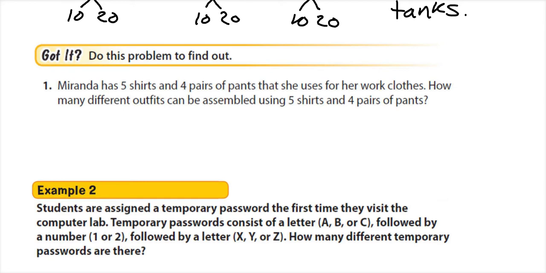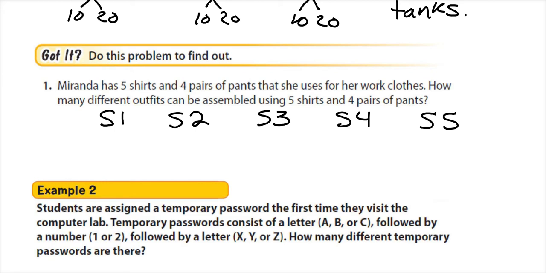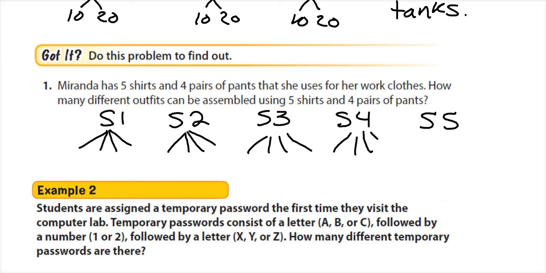Okay, so we're going to call this shirt 1, shirt 2, shirt 3, shirt 4, shirt 5. And then from there we each get 4 pairs of pants. So we're just going to do 1, 2, 3, 4 for each shirt.